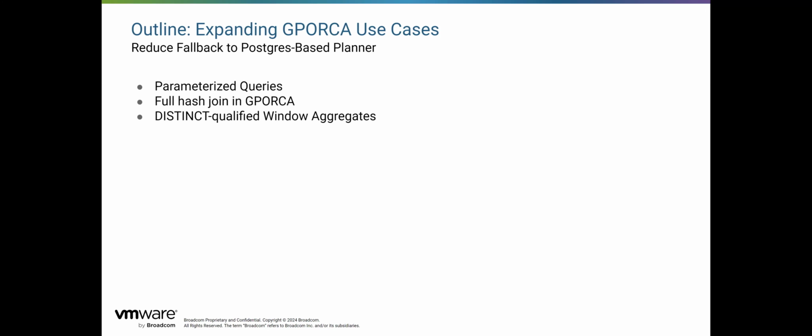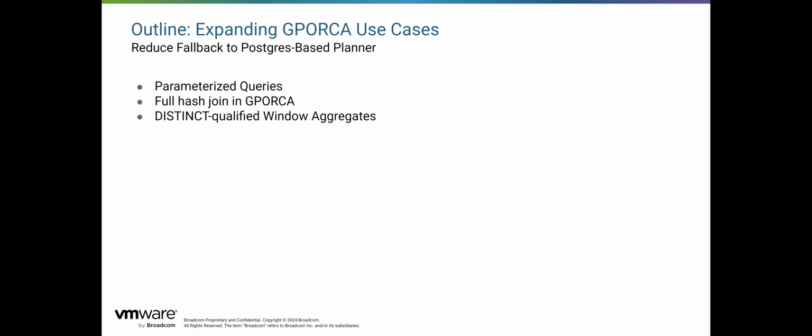So what we are doing is not to chew the whole universe of all of the operators. We chew about some percentage of it. So slowly we are adding more and more features, so we don't have to fall back to the Postgres-based planner. The three coming out in this release are parameterized queries, support of full hash join, and distinct qualified window aggregates.